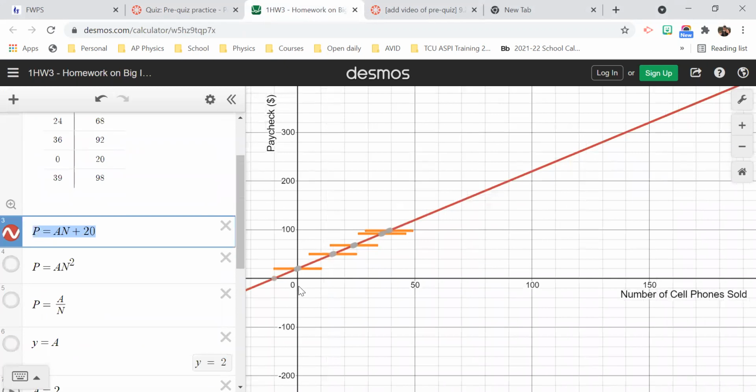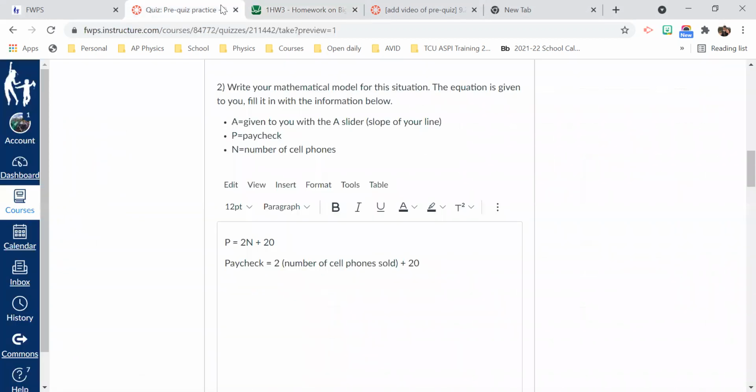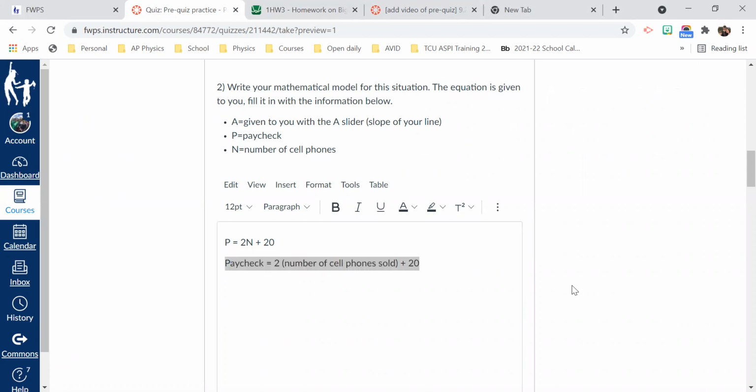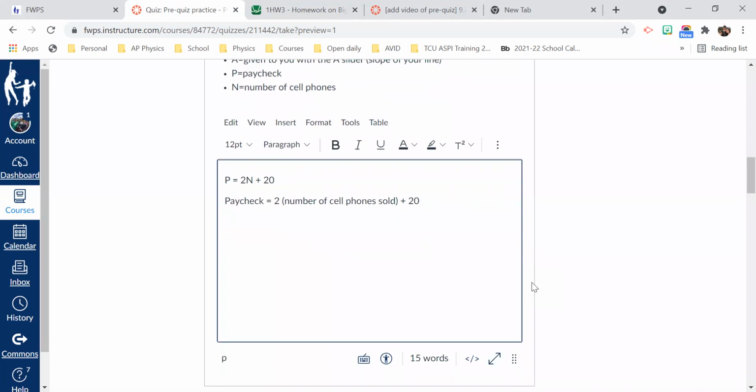It's kind of like saying you're going to have a base salary of 20, and then you will get 2 times the number of cell phones that you sell, and that will make up your total paycheck. So I took that equation and moved it over, inserted what the A value was, and then I also wrote out what it looked like so you could see it in more detail. Your paycheck is 2 times number of cell phones sold plus 20.